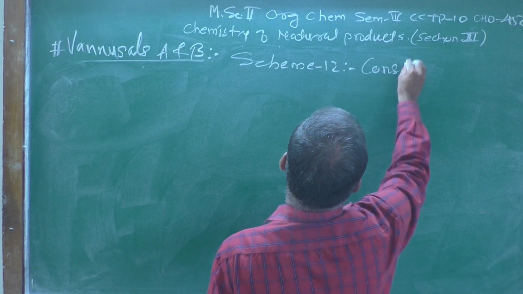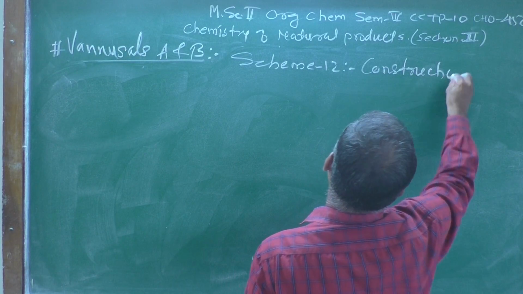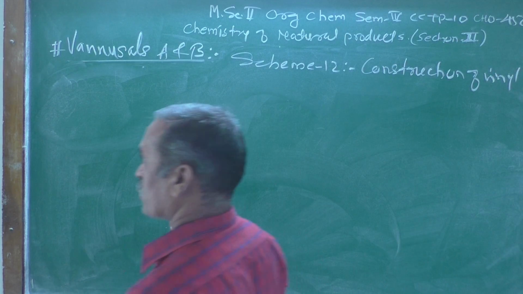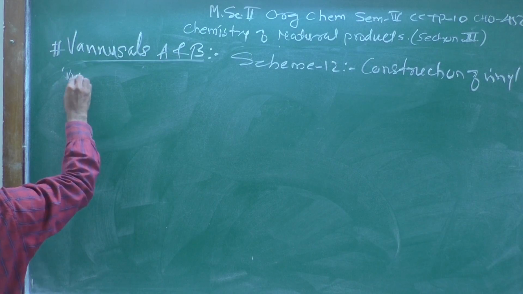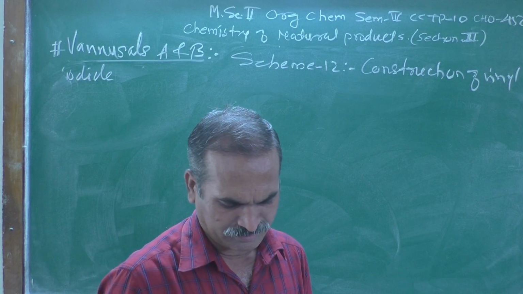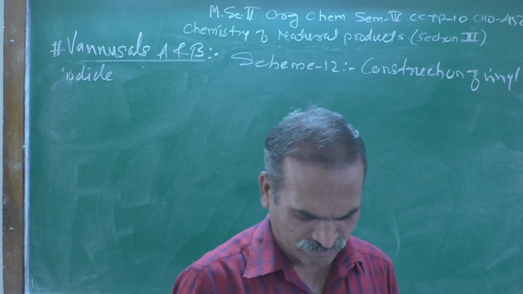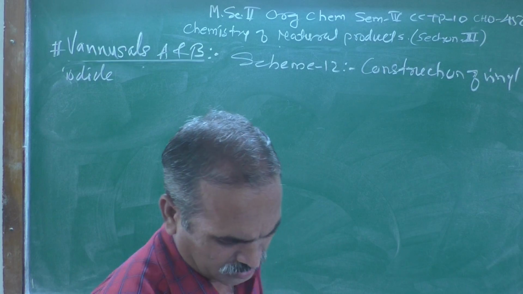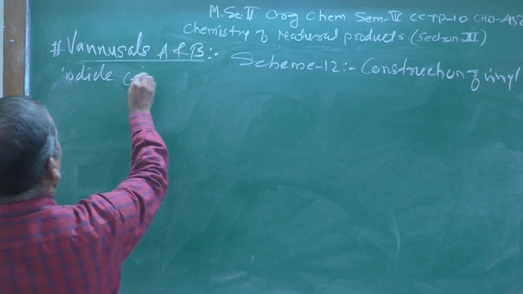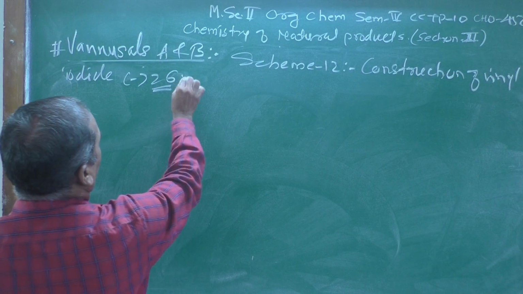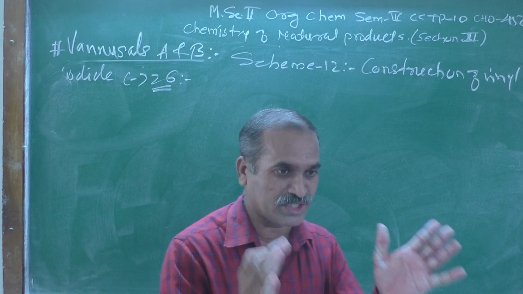Construction of vinyl iodide, compound 26. It is a compound which we are trying to construct.